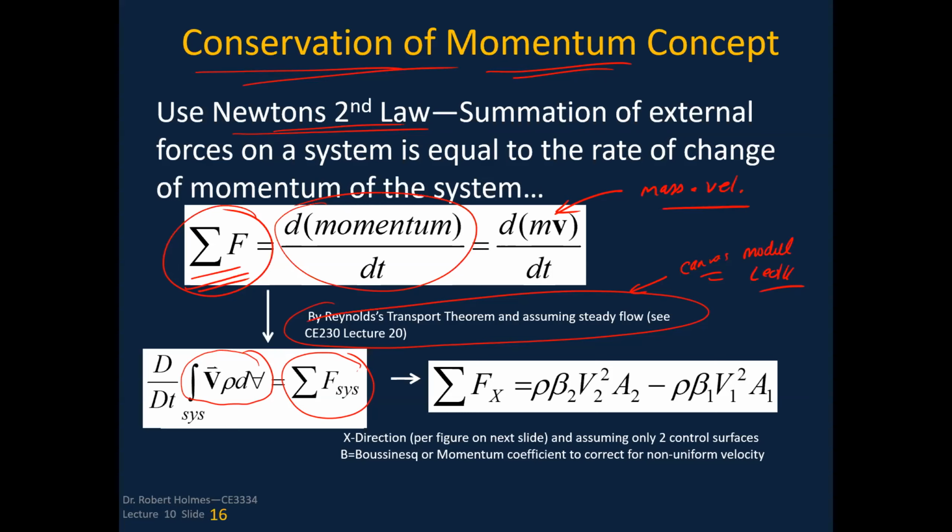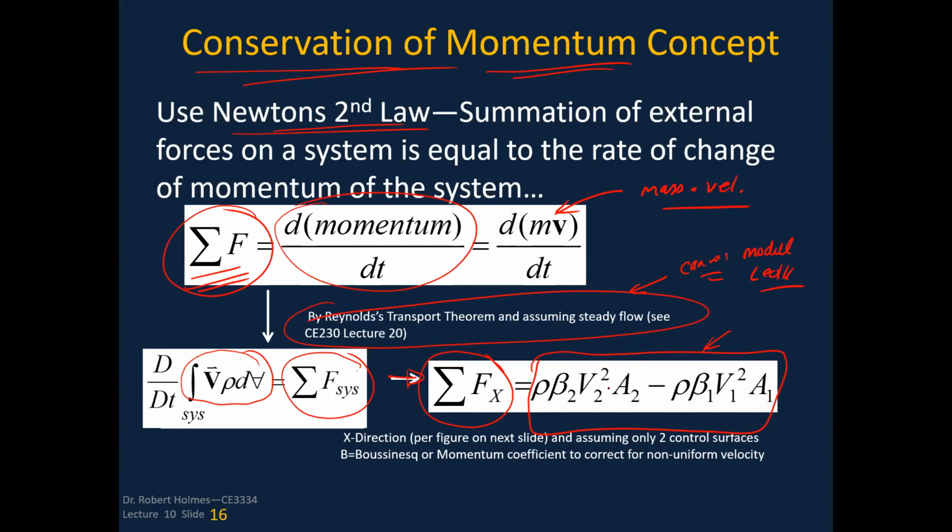transfer changes. We can then make some simplifications, assuming steady flow, using the Reynolds transport theorem, that says that the sum of the external forces is equal to this change of momentum as expressed right here, which is rho times beta.